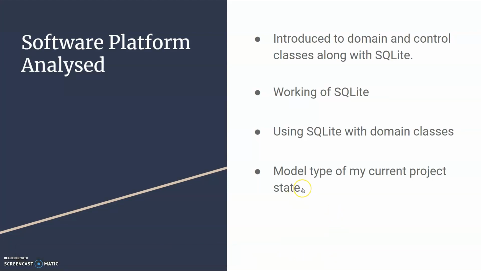So the way SQLite works, as we saw, is it passes information to the domain class. It does it through reading a single file, as I mentioned earlier.